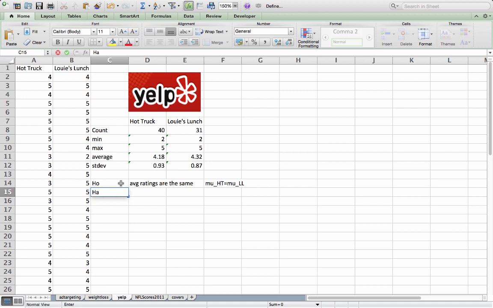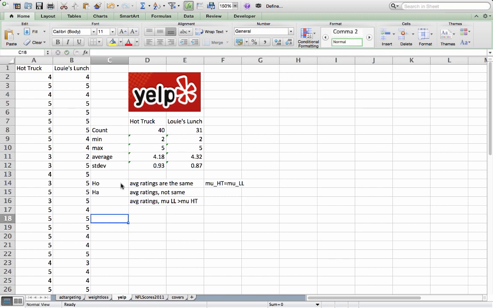And then our alternative here is that the average rating could be not the same, right, which would be a two-tailed test, or we could say that mu Louis' lunch is greater than mu hot truck, and that would be a one-tail test, right?